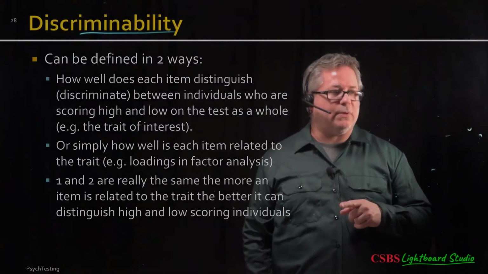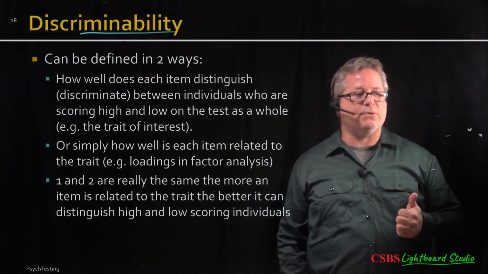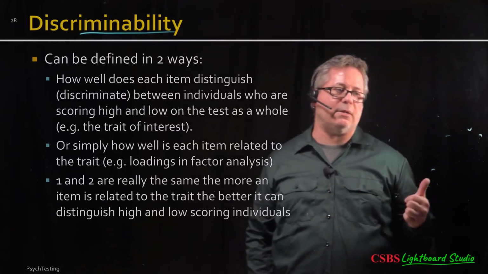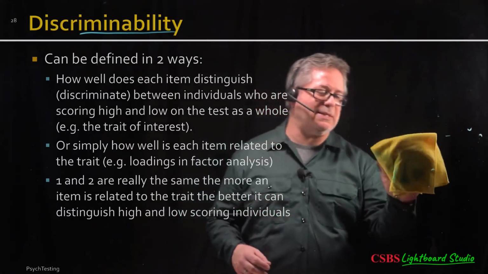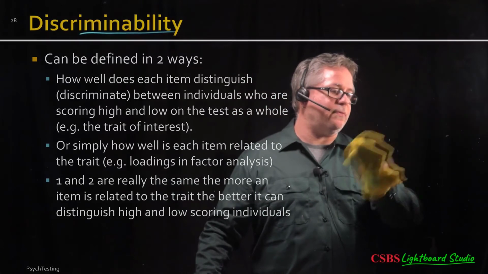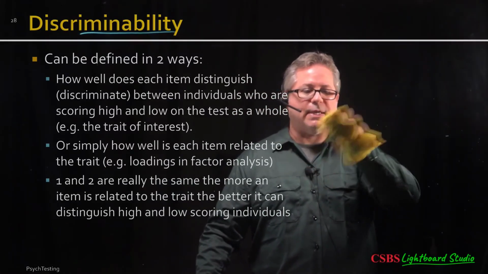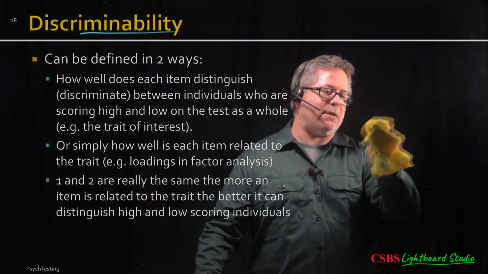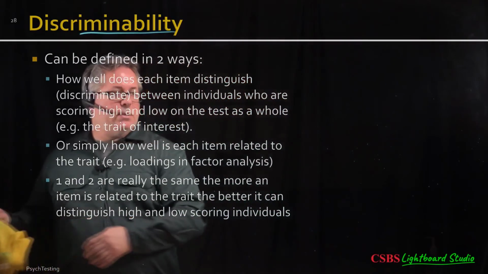But discriminability can be defined in two ways, like we said before. How well does each item distinguish between individuals who are scoring high and low on a test, whatever trait you're interested in? So we always say test, but that's language out of educational testing, aptitude testing, when really we're talking about scales or traits like personality or depression in the social sciences.